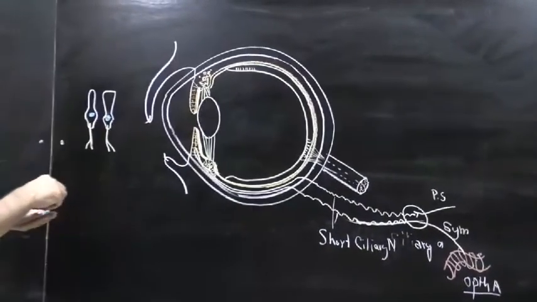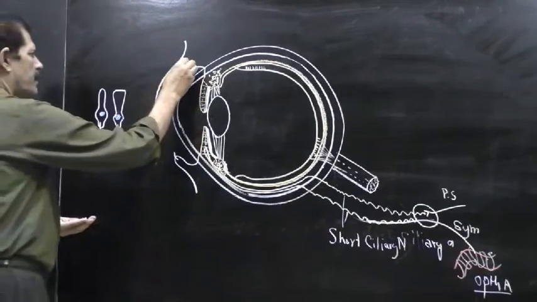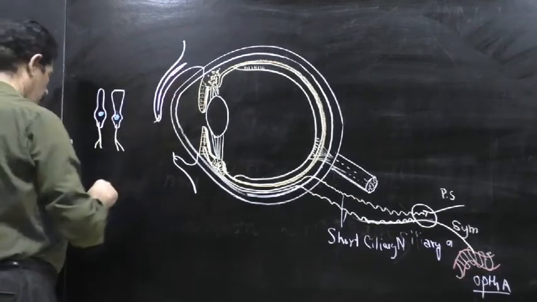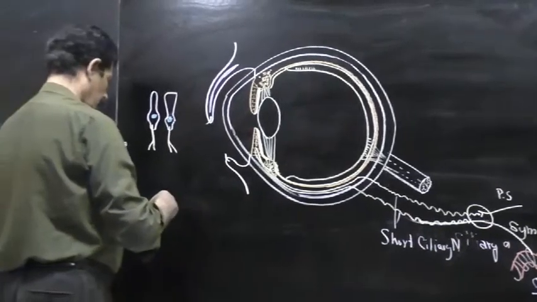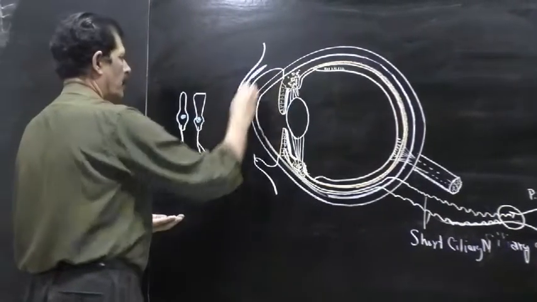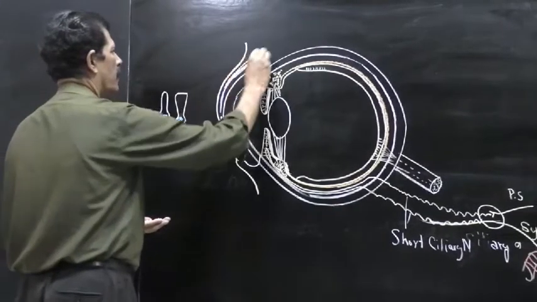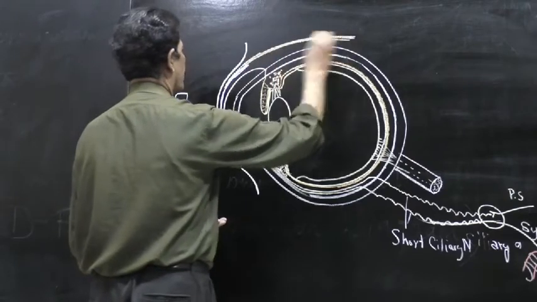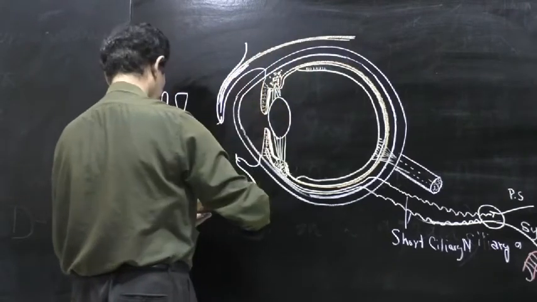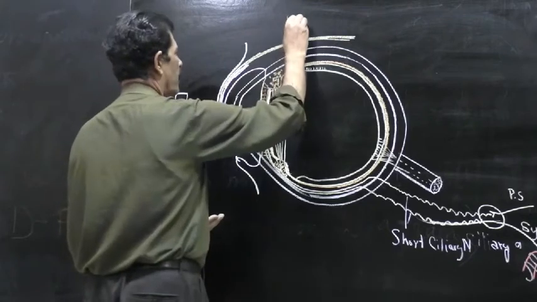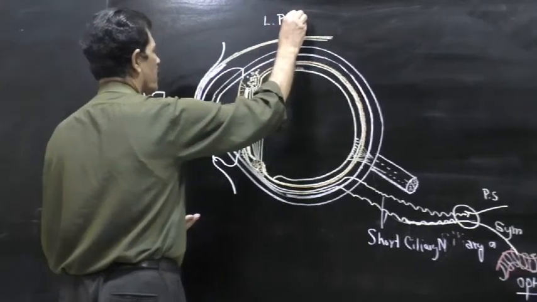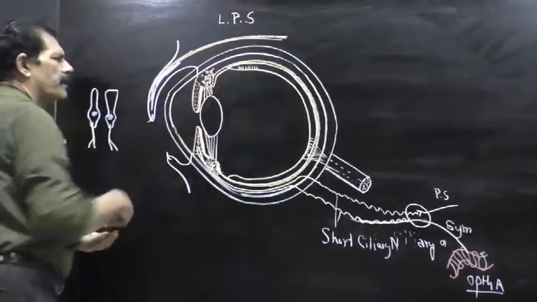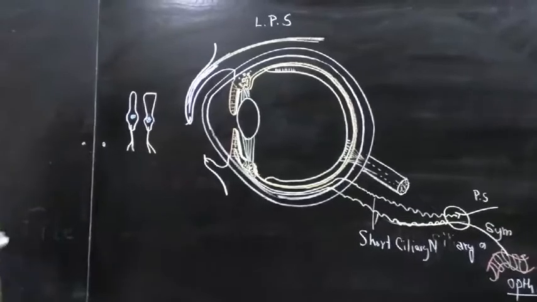The upper eyelid has inside it a tarsal plate, and it is attached to, inserted on a muscle, and this muscle is called the LPS, levator palpebrae superioris. So contraction of this muscle leads to the raising of the upper eyelid.